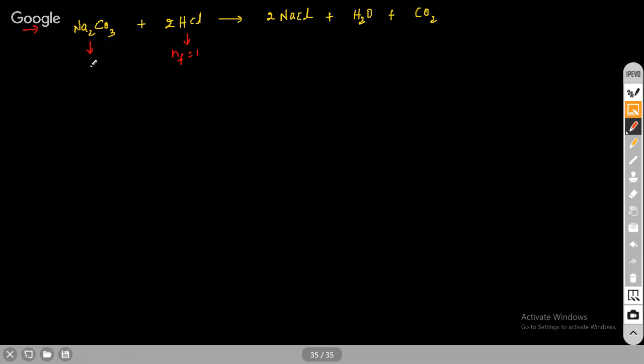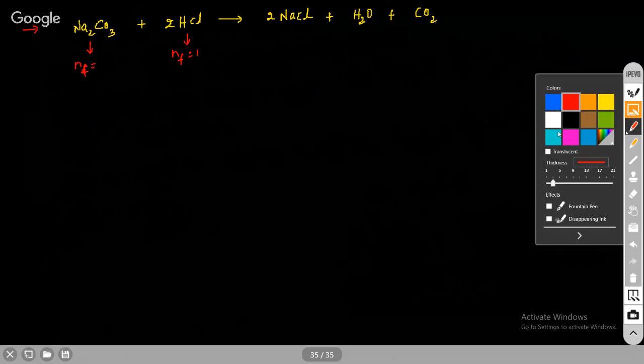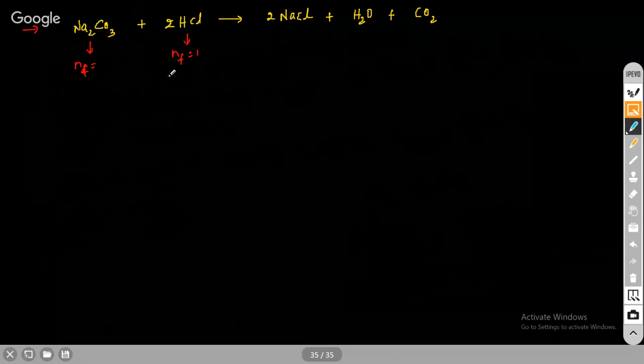This N factor we can find out for the salt. So what is the number of equivalents of HCl we have here? Number of equivalents of HCl will be equal to N factor into number of moles 2. Here the number of moles of Na2CO3 is 1, so 1 into n factor of this should be equal to 2. The number of equivalents here is 2, which must be equal to this also. So n factor for Na2CO3 is 2 again here.